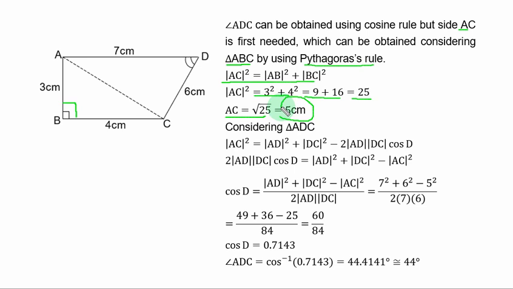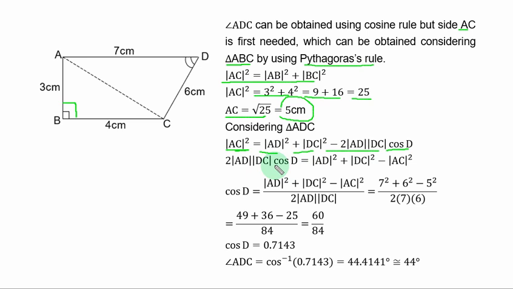Considering triangle ADC, you state the cosine rule in this form, that is AC. You start with AC because you are looking for the angle that is facing AC. So AC squared equal to AD squared plus DC squared minus 2 times the product of AD and DC, then cos D. That is where you have angle ADC.